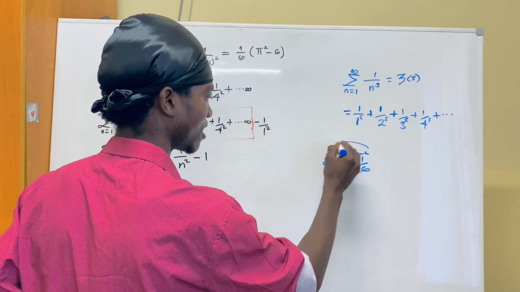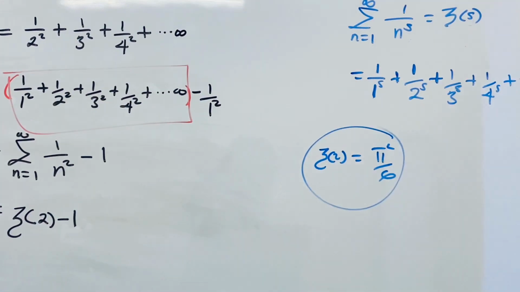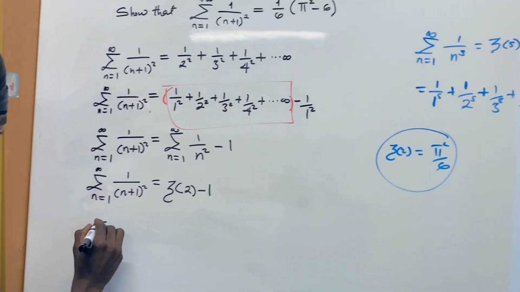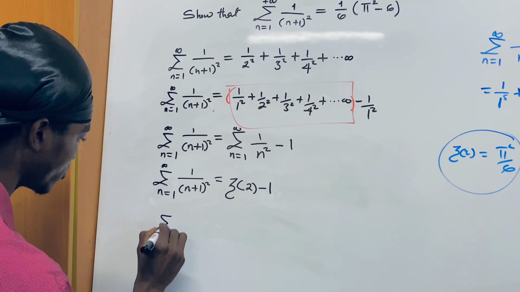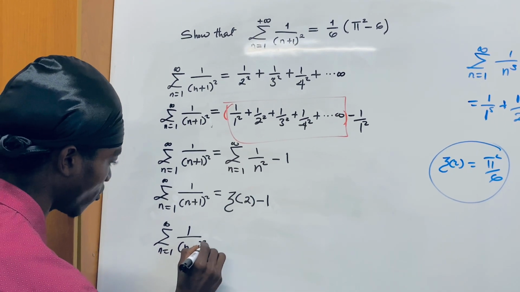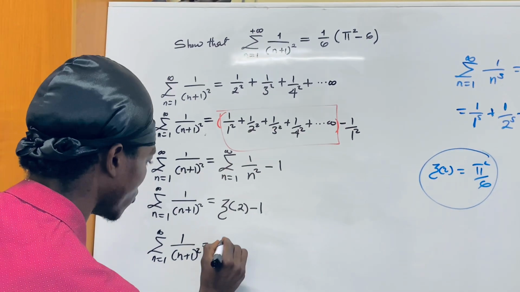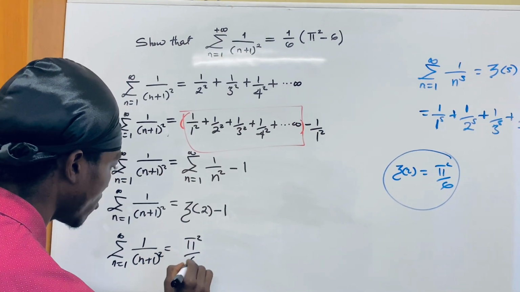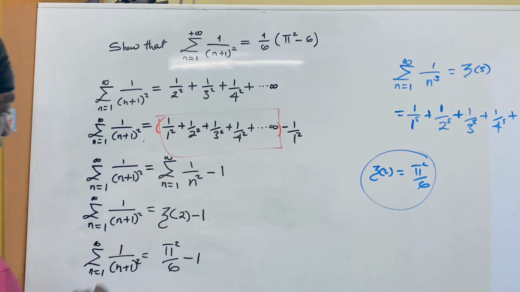This is zeta of 2. So it means that our sum from n equals 1 to infinity of 1 over (n plus 1) squared is equal to pi squared over 6 minus 1.